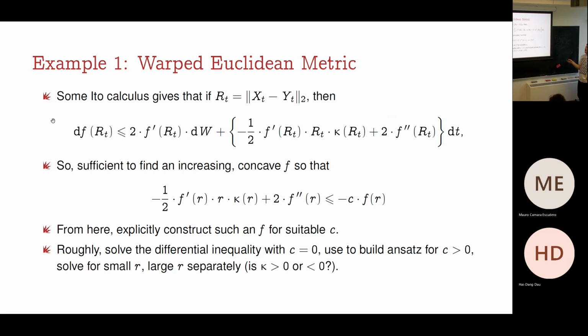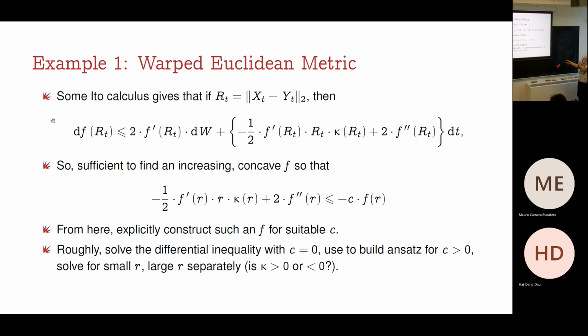So if I have my chains as xt and yt, and I do this reflection coupling, which I've been a bit vague about here, but again, it's just the idea that you look at the component of the noise along the displacement x minus y, and you antithetically couple them. Then for any suitable function f, you can get this differential inequality.